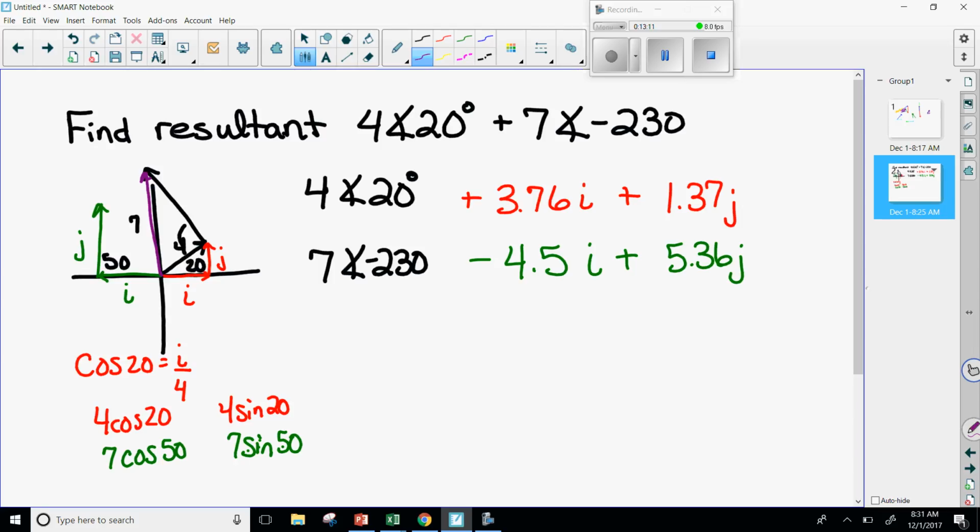All right, so let's add these together. What I'm going to do to figure out where that's going to be is add these horizontal segments together. In order to find the resultants, you could still add them head to tail. Head to tail, if I were to add them, what do I notice? It's going to be a little bit negative. If I come over here and add them together, what do I get?